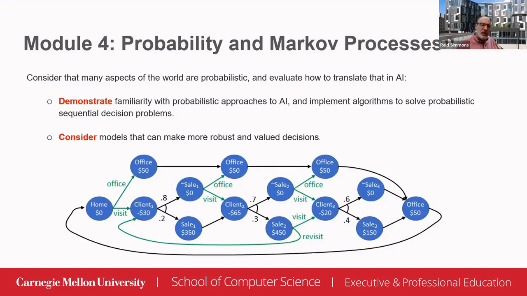And we have a fairly gentle introduction to probability, and then show how we can use probability to model the world using Markov processes, and using a formulation called Bayes rule.